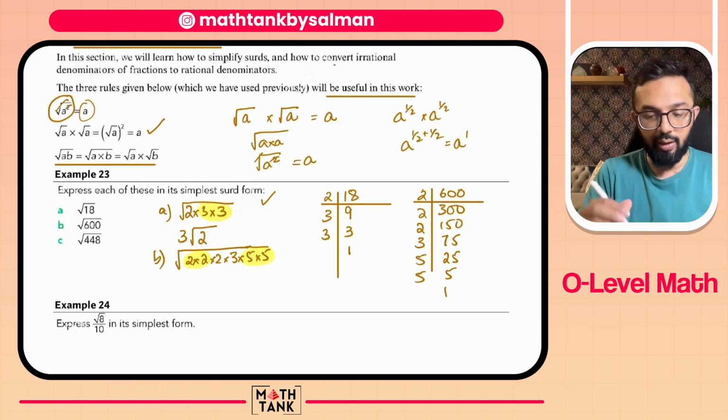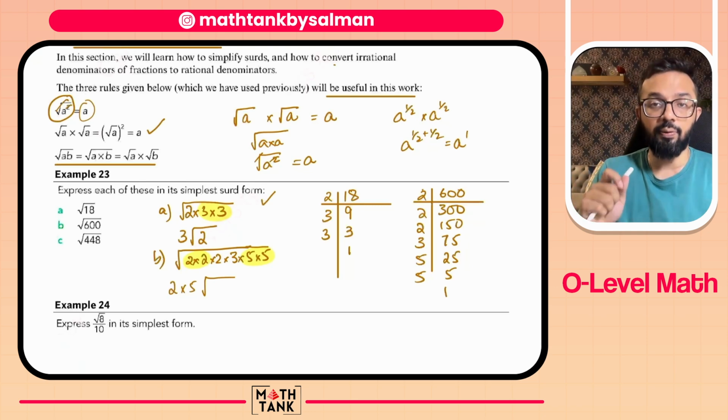The other two numbers don't have pairs. So 2 comes outside the root and 5 comes outside the root, and they get multiplied because they were multiplied inside. What am I left with inside? 2 and 3. So this becomes 10 root 6.